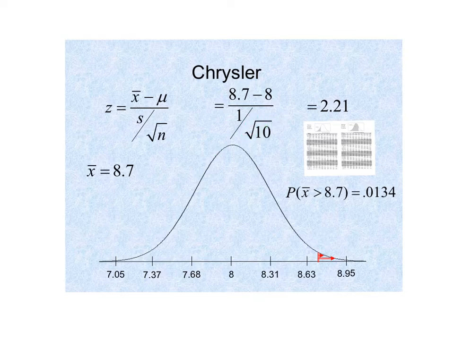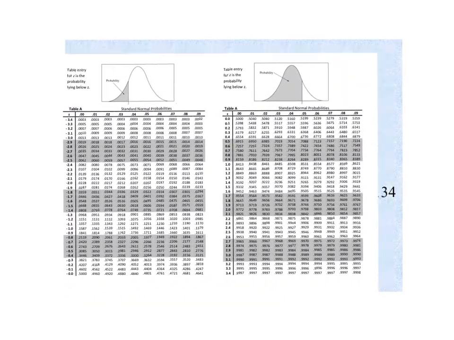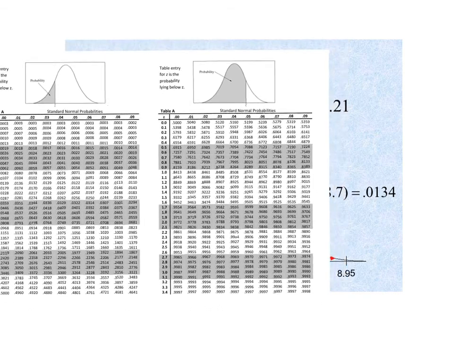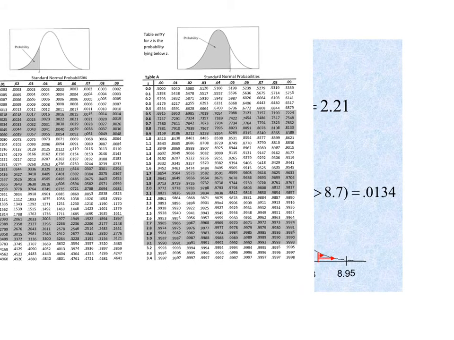Now, what I'm going to correct here is this symbol where the Z formula is, which should be a sigma. Okay. So calculating this fraction gives us 2.21. We go to the Z table and we look for 2.21. Let me use red.